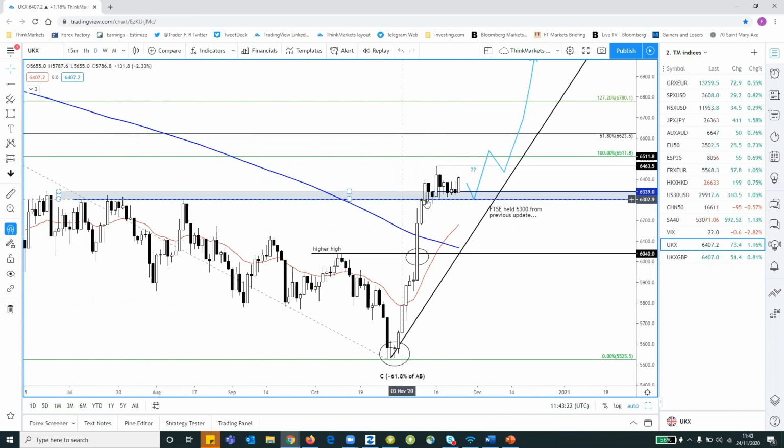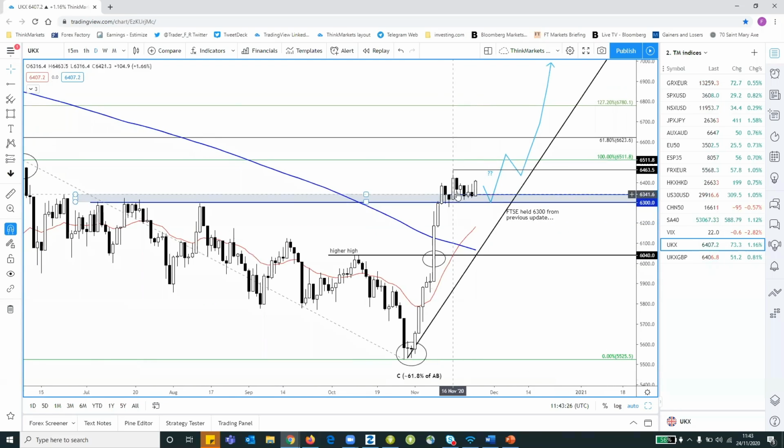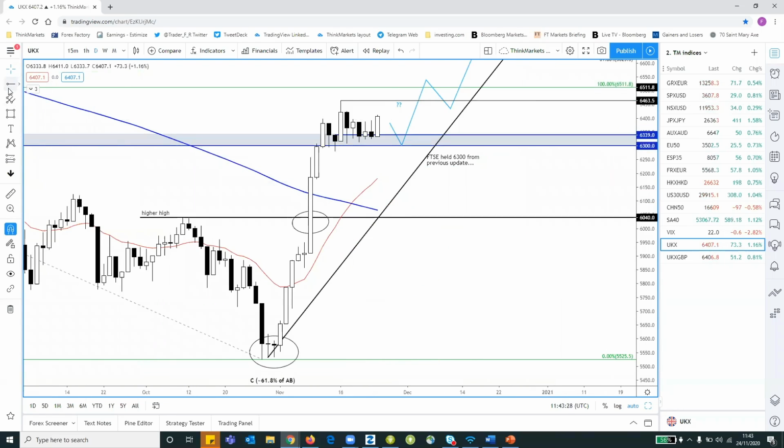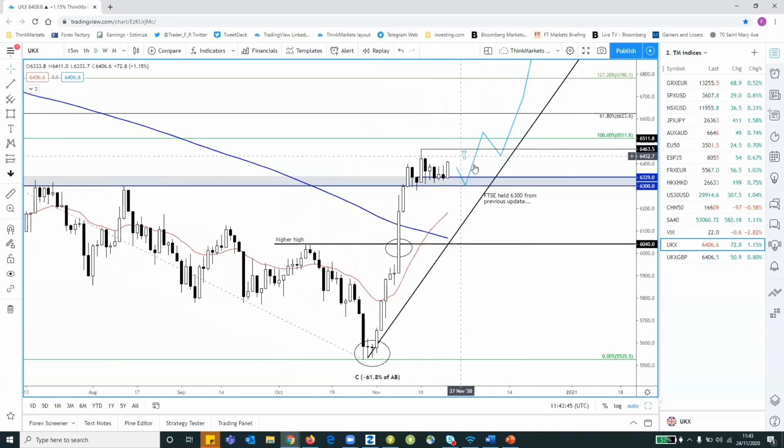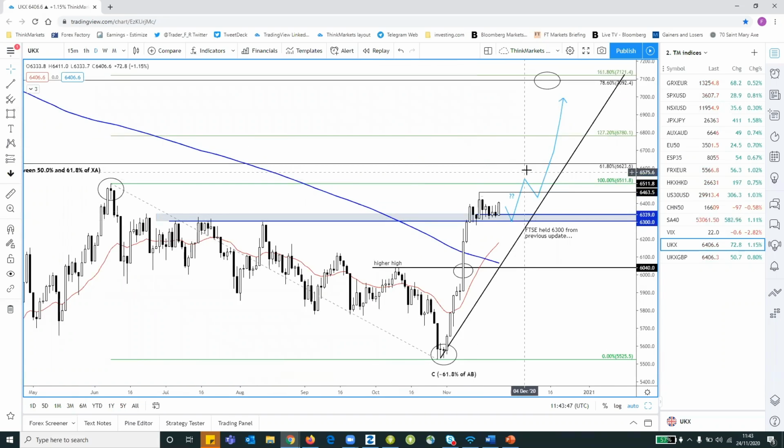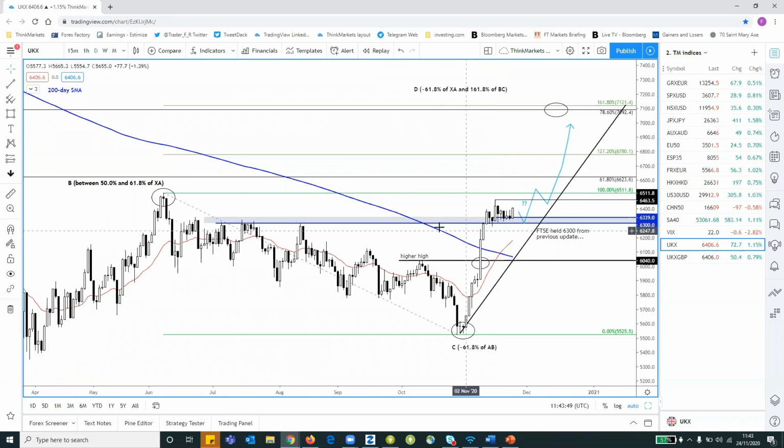So previous resistance has now turned into support. Really important, right? And so now the index is poking its head above this area of consolidation here. So a daily close at or above current levels would be considered a bullish scenario. If so, then it could lead to much higher levels from here.